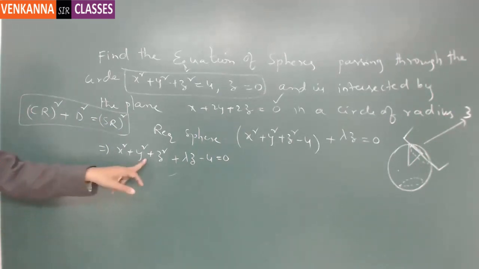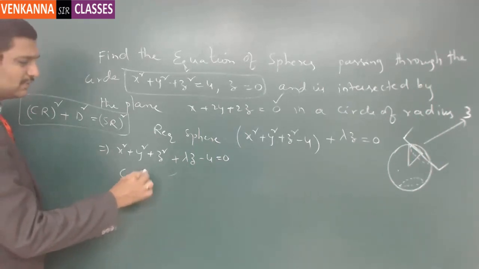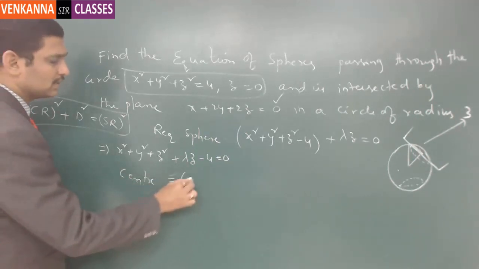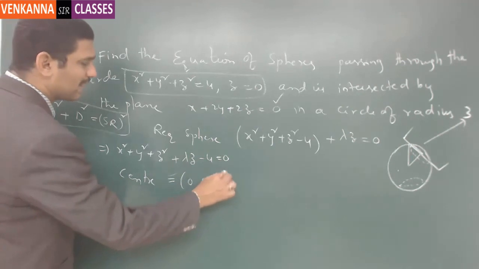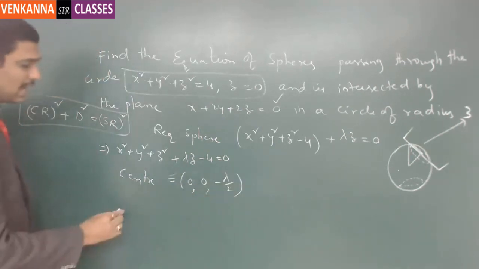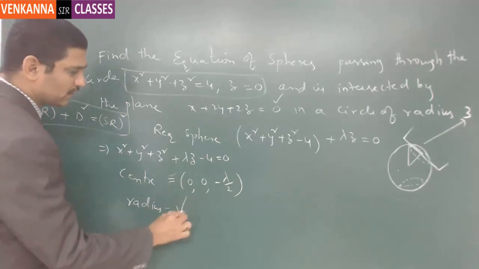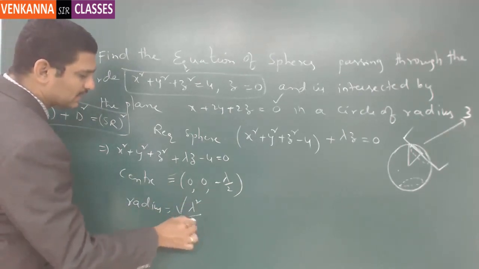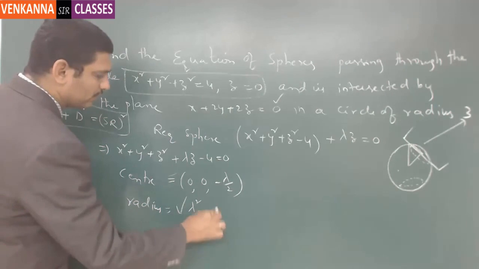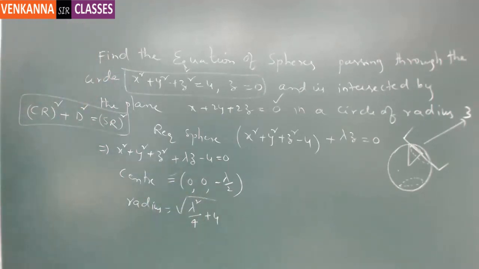So from this new sphere, let us calculate the center as well as the radius. So the center is nothing but 0, 0, minus lambda by 2, and the radius is nothing but square root of lambda square by 4 plus 4. Accepted?